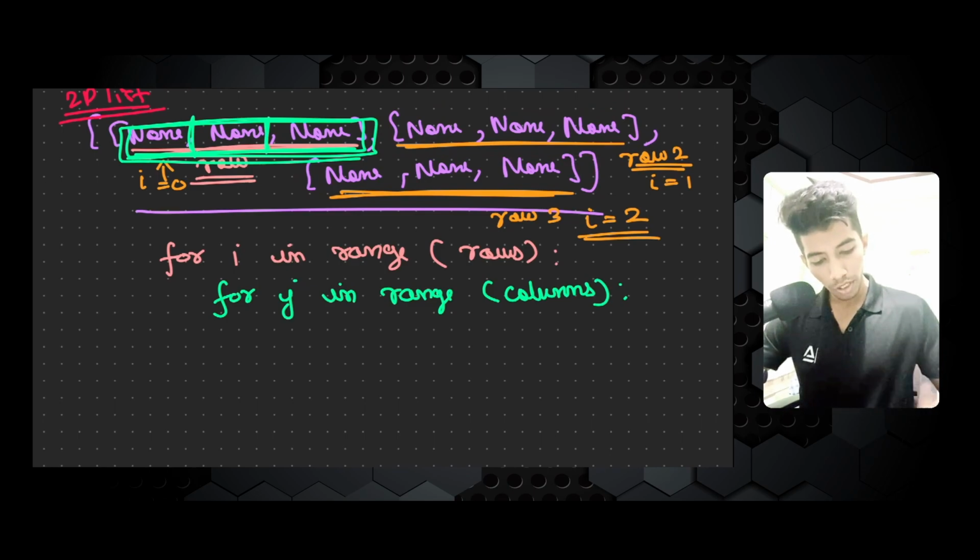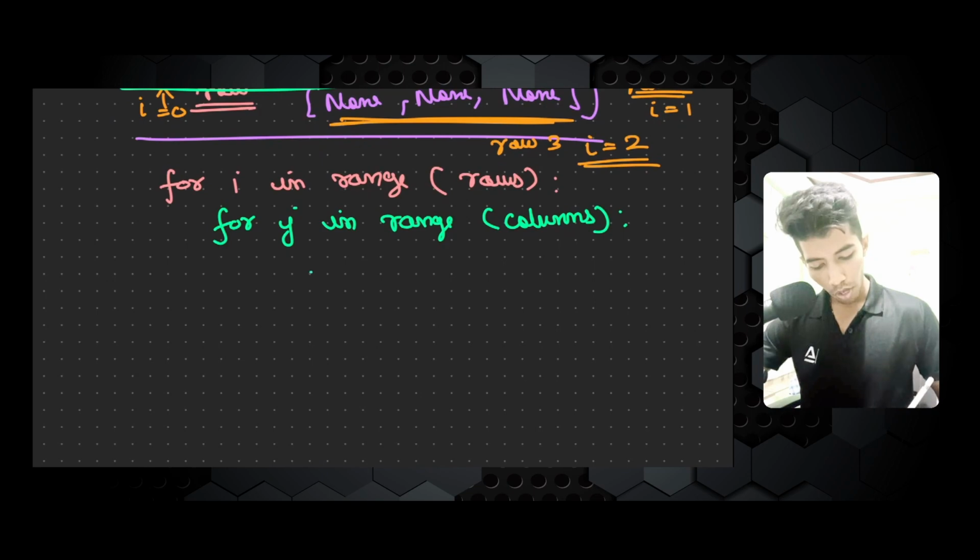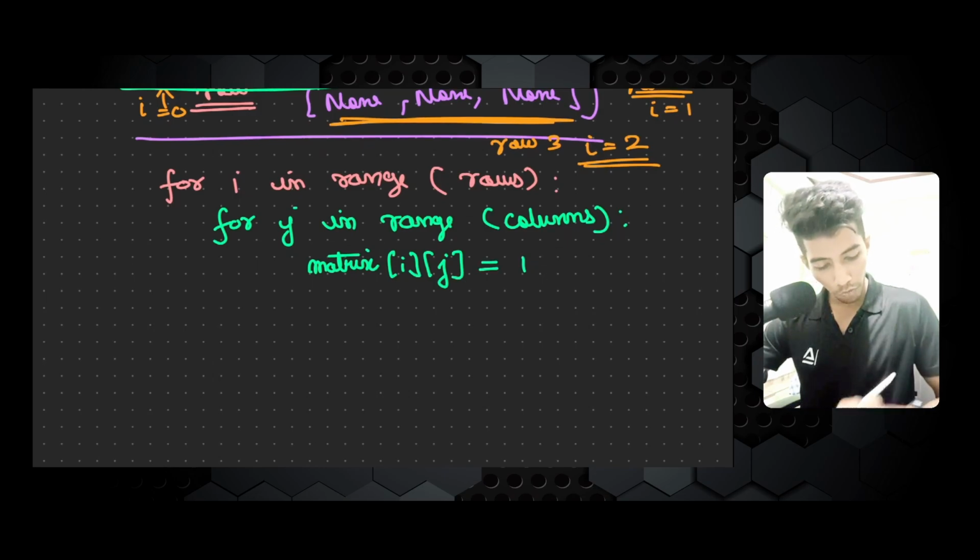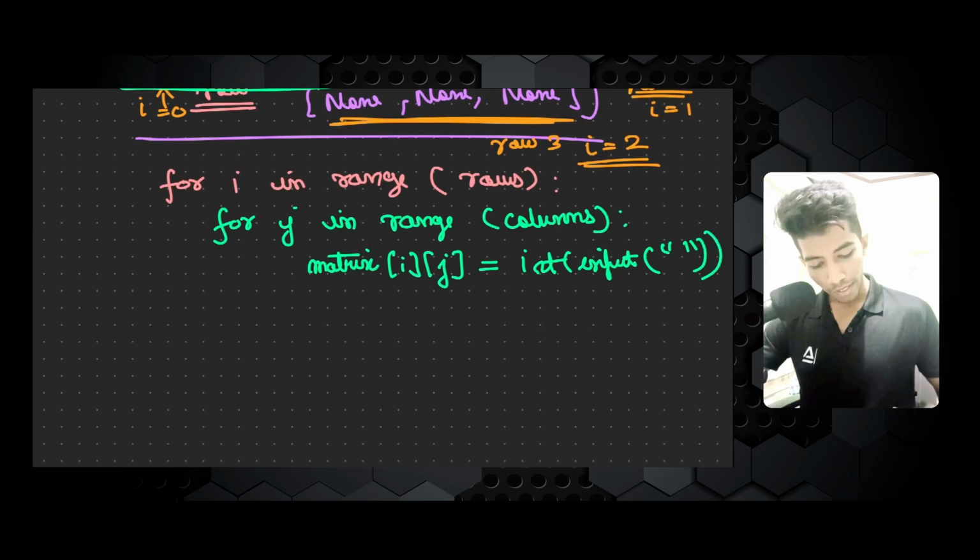By using this, we will write the name of our matrix, and at a particular index we will take input from the user and convert it into int, because I want to take a numerical input, so I am converting it into an integer. Okay, so like this I will take the input.